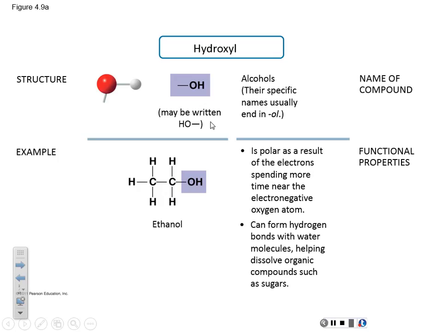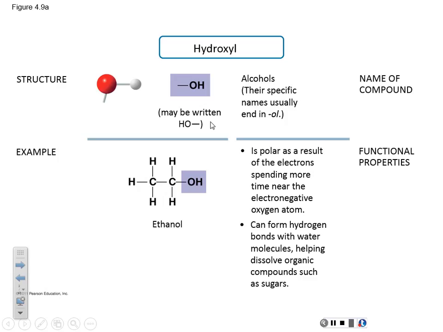Okay, so if that OH that's shown in blue there was an H, that's ethane. That's a gas that's very inert. It wants to have very little to do with water. It's not very water soluble. You put that hydroxyl group on there and you make it into an alcohol. Now you've converted, it's a complete transformation of the chemical behavior of this compound.